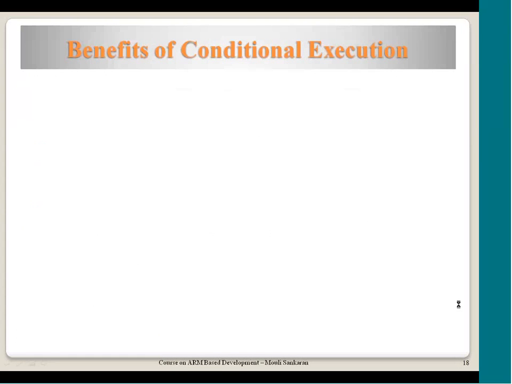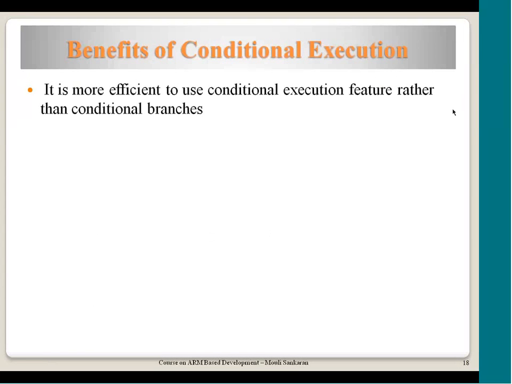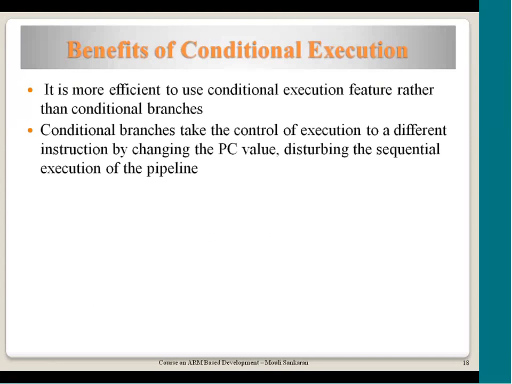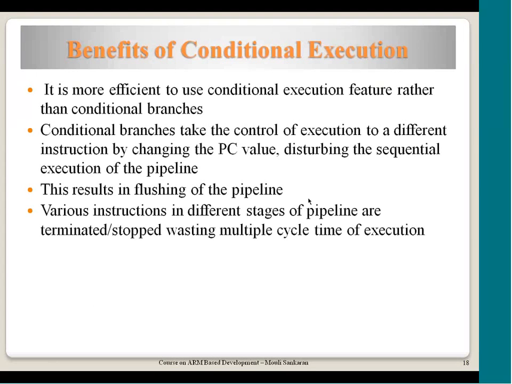Okay, now what are the benefits of conditional execution? I mentioned it to you. It's better than using conditional branches, because conditional branches take the control of execution to a different instruction by changing the value of PC and disturbing the execution pipeline, and it needs to fetch at least a minimum of 2 instructions. And why 2 instructions?